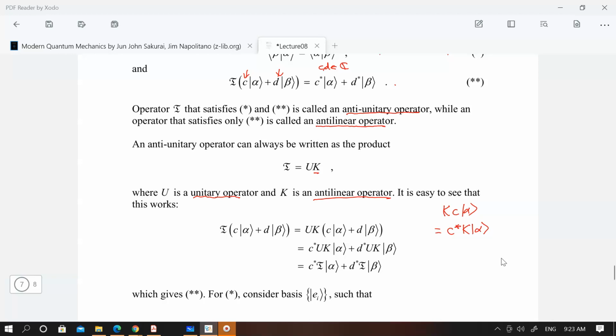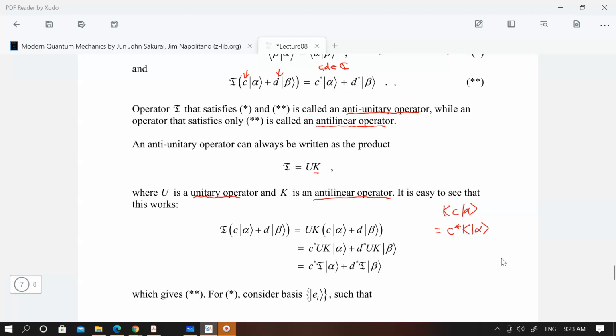Same thing over here. You get K alpha here, and then you still have your U, and U acts like a linear operator, so you just simply distribute this way. It doesn't change the conjugated constants anymore.